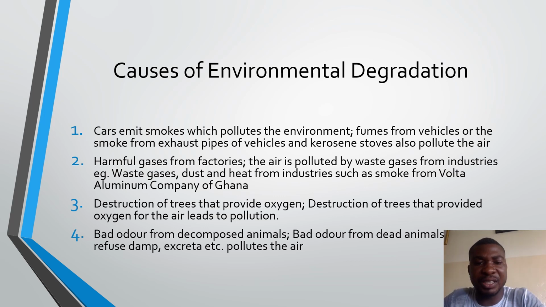Therefore, when the trees are cut down, there is a limited amount of oxygen for us to take in. So when trees that provide us oxygen are cut down, they lead to pollution.